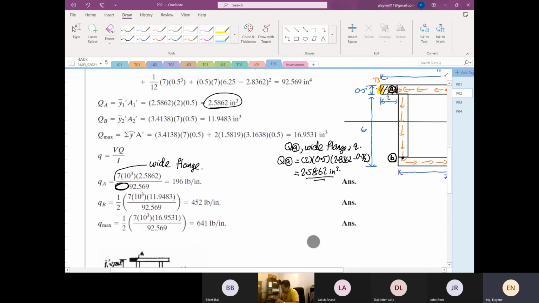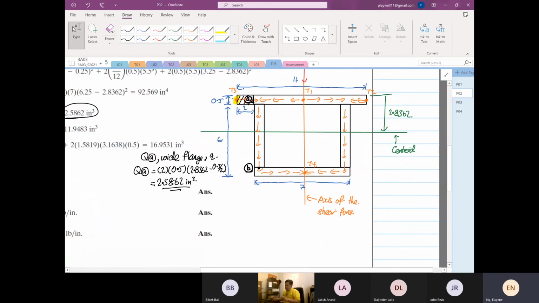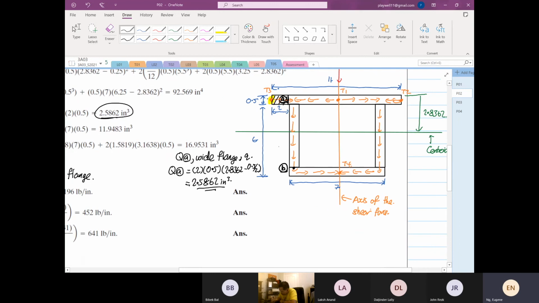Okay, right. So the next one, at point B, what is the area that you have to take at point B? So now we apply rule number 5. Then we have to go back to our rule number 1 to 4, right? So the 1 to 4 rule is the analysis starts from where?